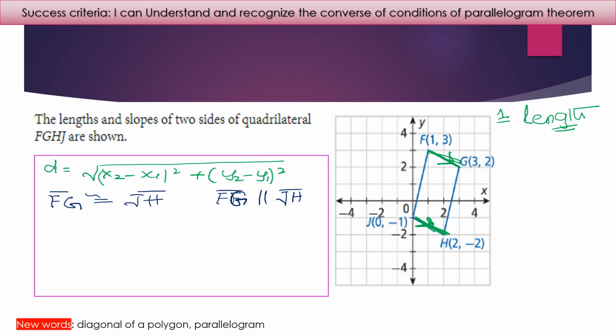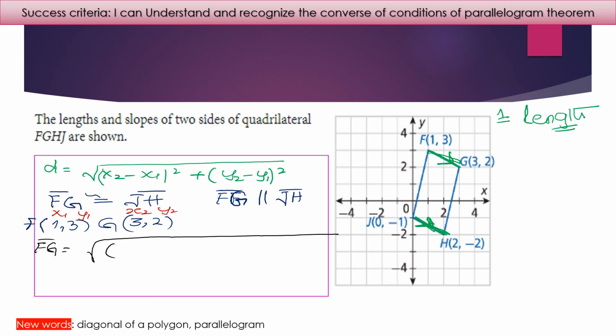Look at this one. The coordinates of F are 1 and 3, and the coordinates of G are 3 and 2. So from here, we can say that this is x1, this is y1, and this is x2, and this is y2. Now put it in the formula to find the value of FG.